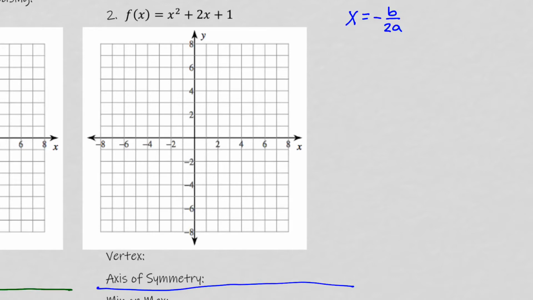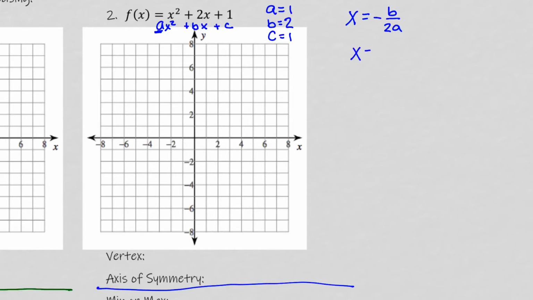Remember, this is a times x squared plus b times x plus c. So a is the coefficient in front of x squared, so a is 1. B is the coefficient in front of x, which is 2. C is our constant, which is 1. Okay, so I'm going to plug that in.